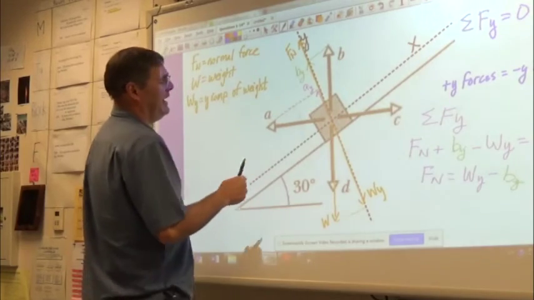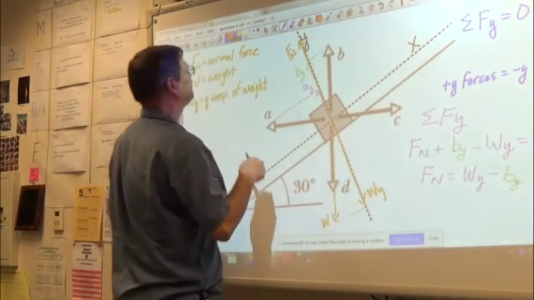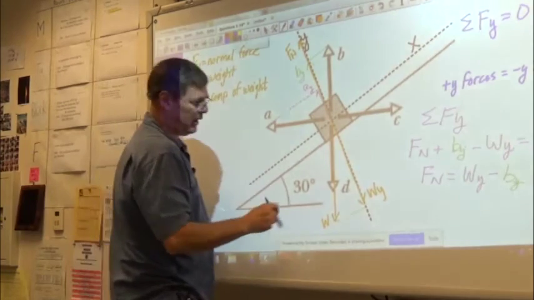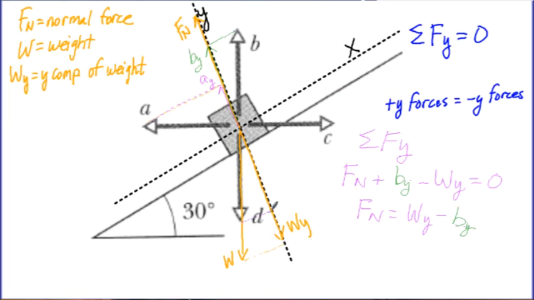Now let's look at C and D. D's y component is there, Dy. So if I do my sum of the forces in the y now, I have Fn minus Dy minus Wy equals 0. And I solve that for the normal force.